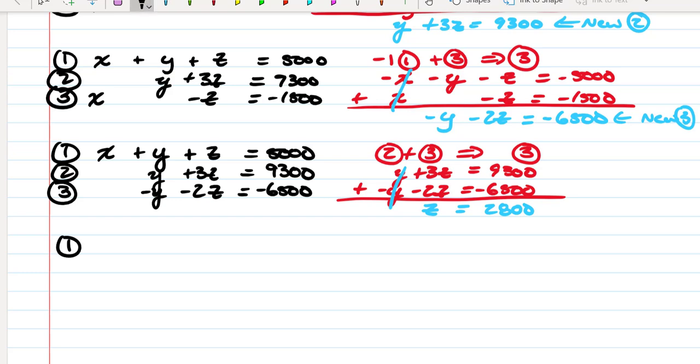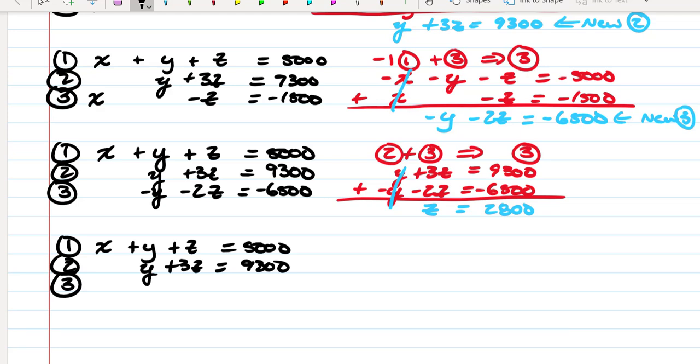So finally, we get x plus y plus z is 5,000. Equation 2 is y plus 3z equals 9,300. And our last equation 3 is z equals 2,800.